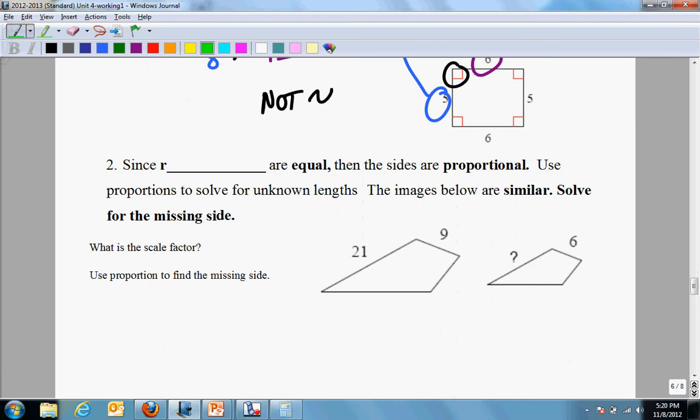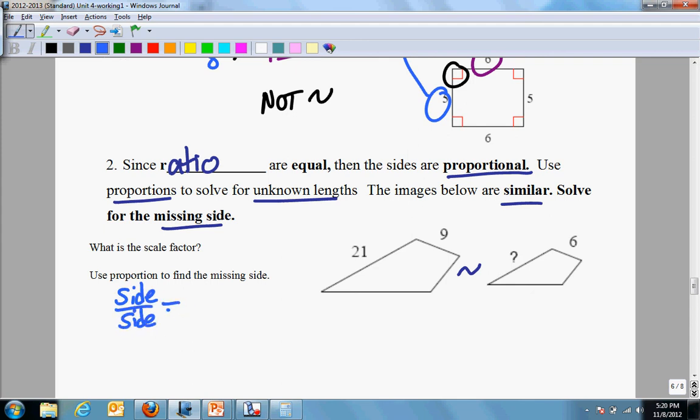Now, when ratios are equal, when shapes are similar, then the sides are proportional. We can use proportions to solve for unknown lengths. The shapes below are similar. We're going to solve for the missing side. So put the little similarity sign there. We're going to start by doing a ratio equation, which is side over side.